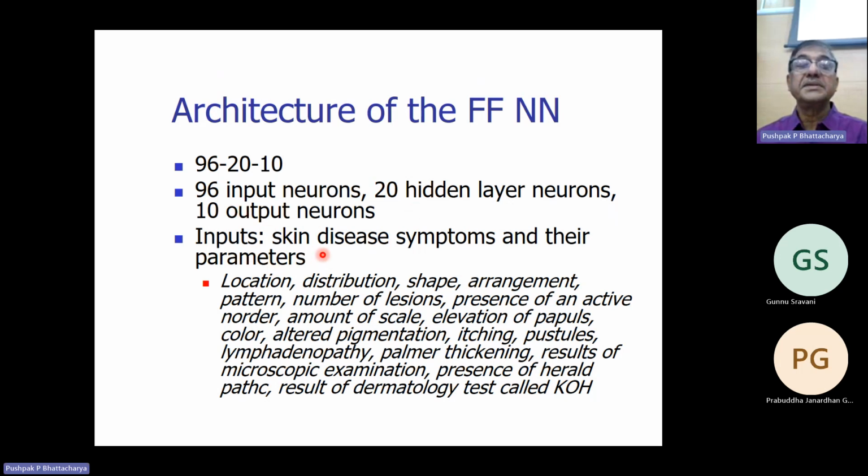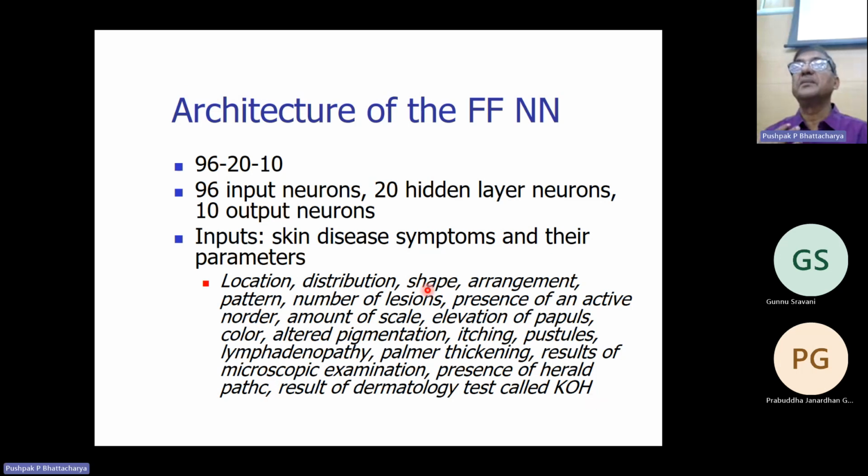The input is skin disease symptoms and their parameters: location, distribution, shape, arrangement, pattern, number of lesions, presence of an active border, amount of scale, elevation of papules, color, altered pigmentation, itching, pustules, lymphadenopathy, palmar thickening, result of microscopic examination, presence of herald patch, I suppose, and the result of a dermatology test called KOH.